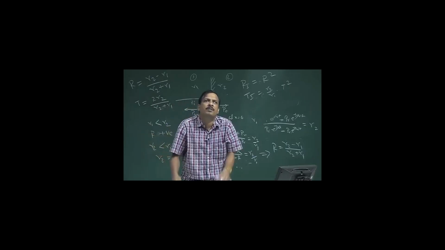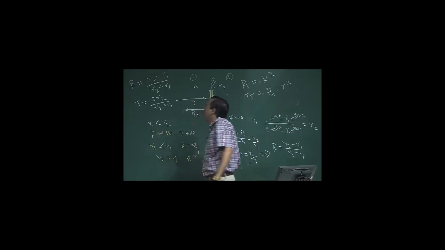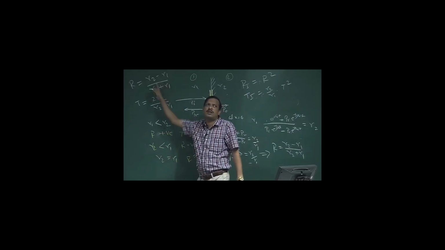Similarly, if R2 is equal to R1, meaning the characteristic impedance of the two media is the same, then the reflection coefficient R is equal to 0, since R1 minus R2 is equal to 0, and the transmission coefficient T is equal to 1.